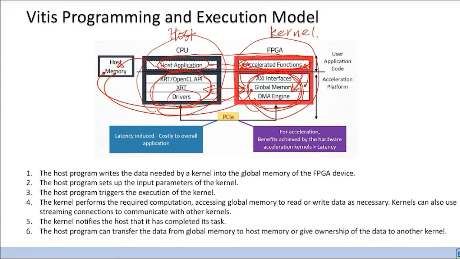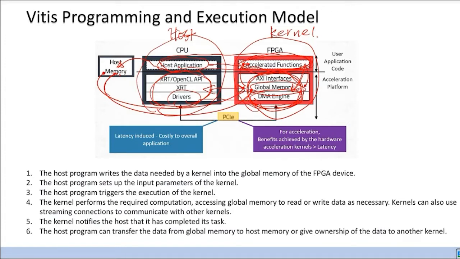The next step is to program the kernel function and its DMA engine. First you program the DMA engine to move the host memory data to the global memory, and then you program the necessary kernel arguments to start the kernel execution.